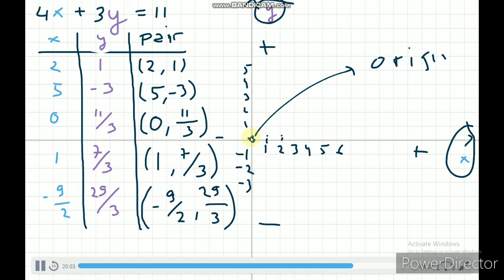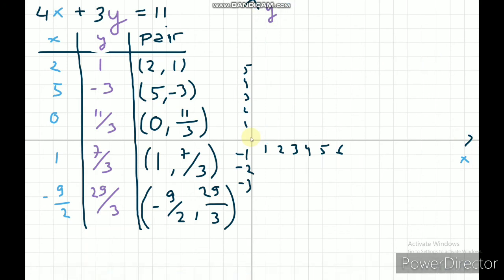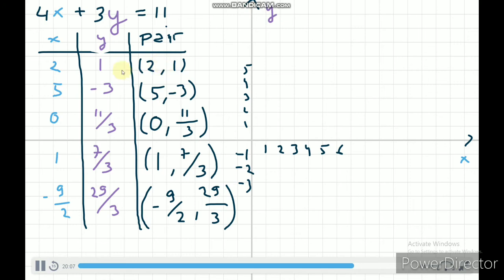So how can we plot this? First, since we have 2, 1 as the first pair, I show it by finding 2 on the x-axis, and then 1 on the y-axis, which is positive, and then find its intersection, its cross-section, I mean.